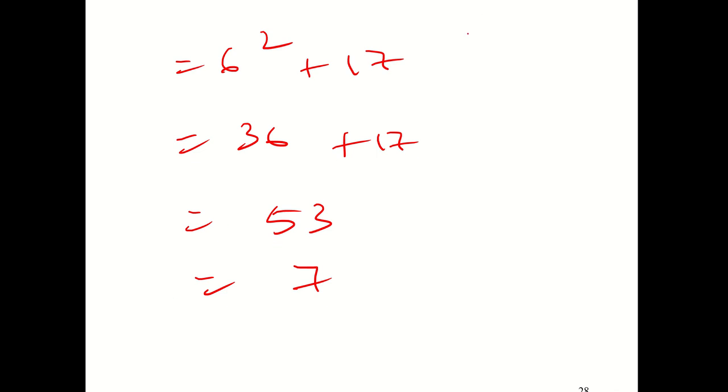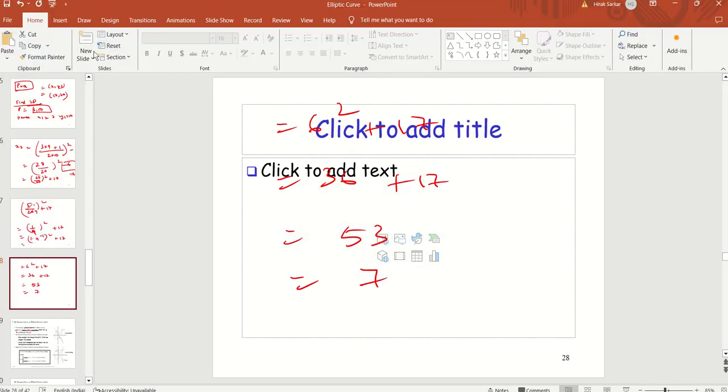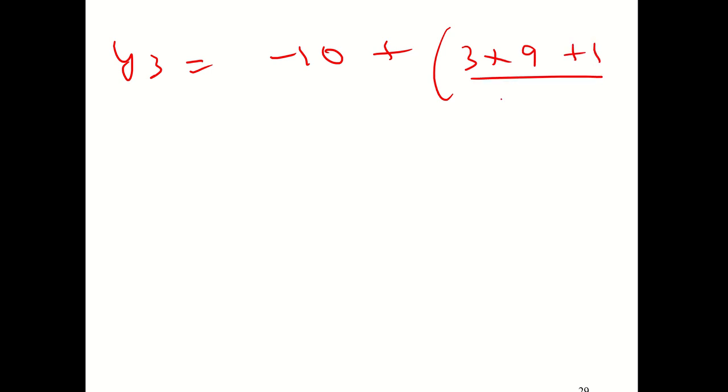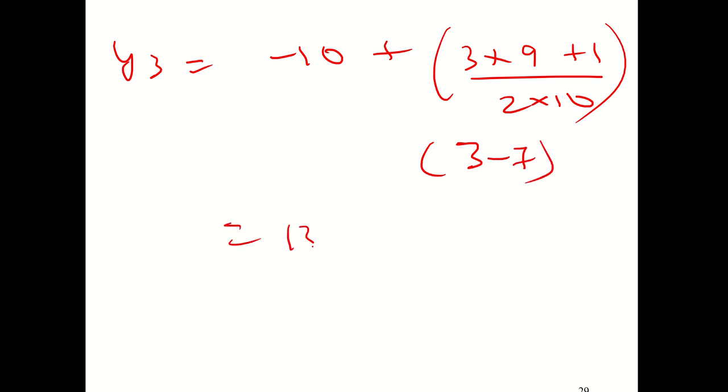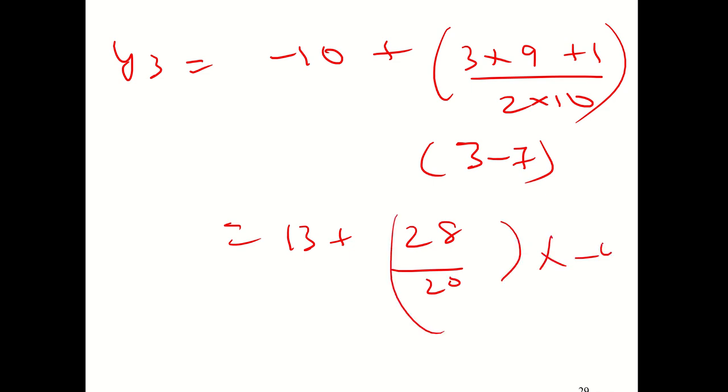Then we need to find y3. y3 is minus 10 plus (3 into 9 plus 1) by (2 into 10), times (3 minus 7). So 13 plus 28 by 20 into minus 4.